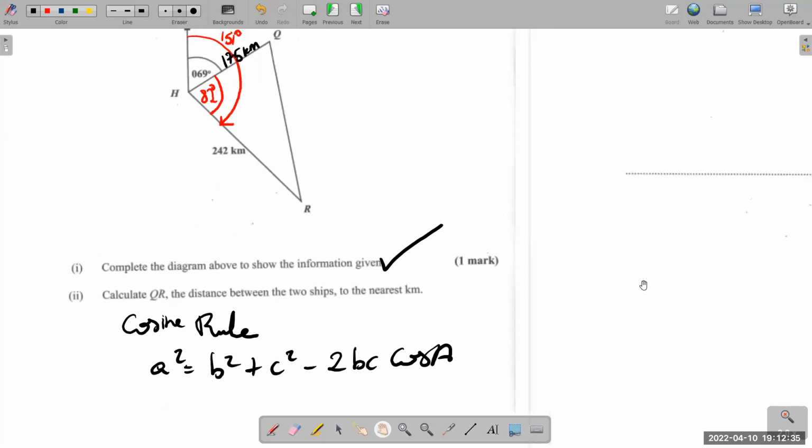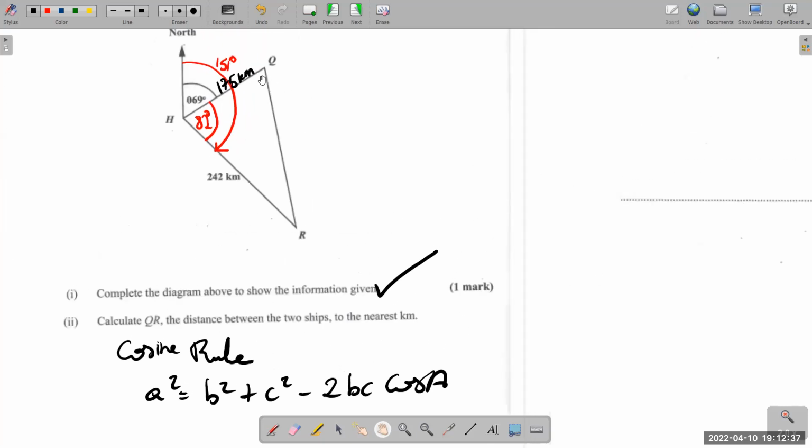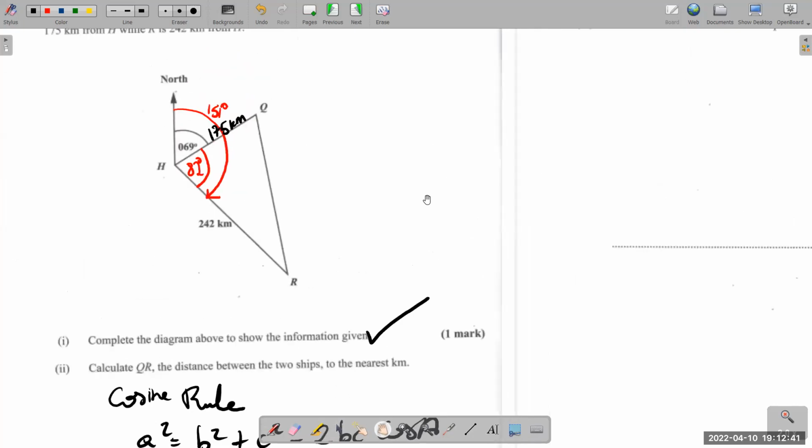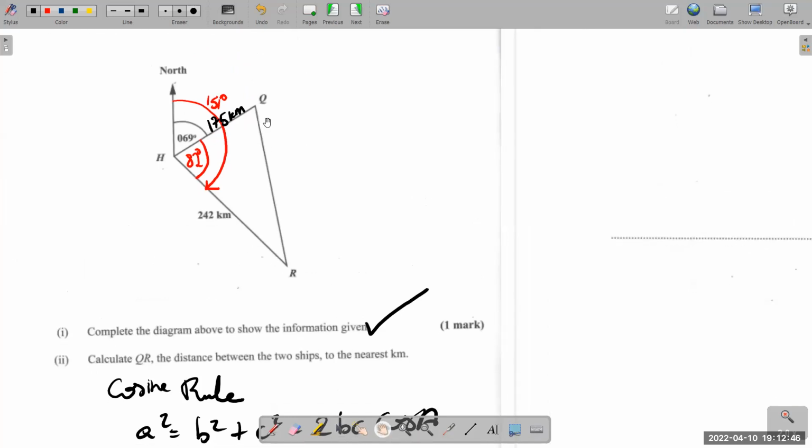HQR? No. Remember, they asked you for QR.